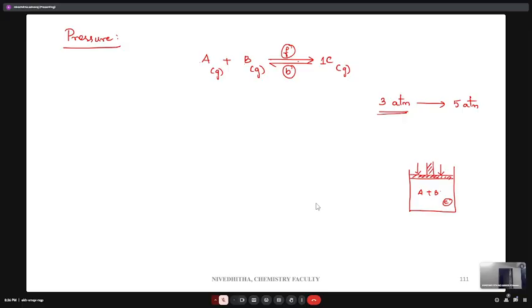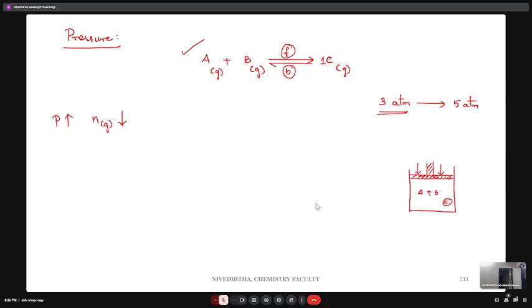So what will this reaction do? Whenever you're increasing the pressure, the system has to decrease the pressure. So to decrease the pressure, the reaction will move in a direction where the gaseous number of moles is less. According to this example, in which direction will the reaction move to decrease the pressure? Is it forward or backward?